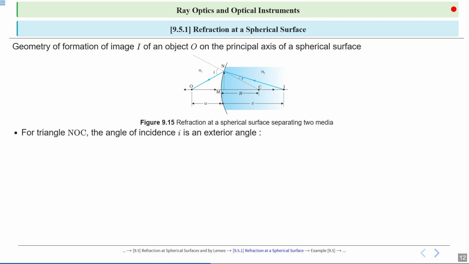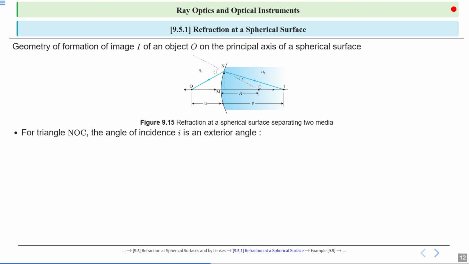Now for triangle NOC, the angle of incidence i is an exterior angle. So for this triangle NOC, this incidence angle is the exterior angle. The exterior angle is the sum of the two interior angles on the opposite side.